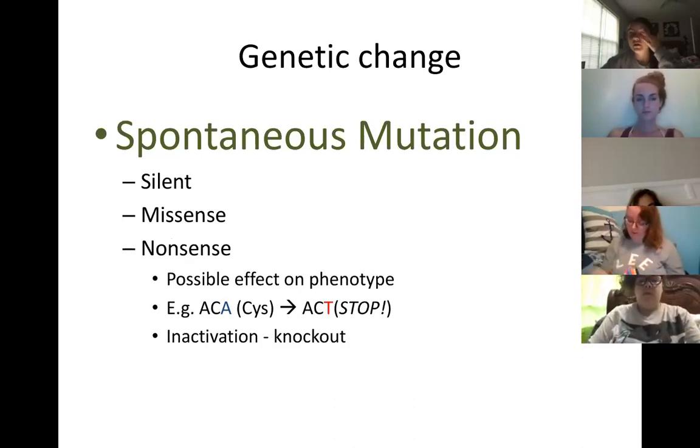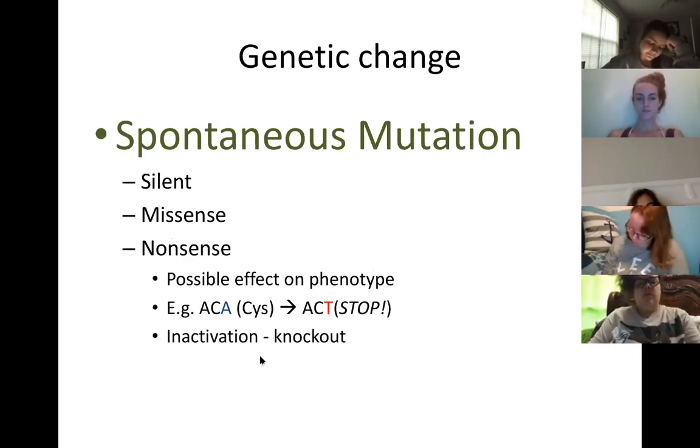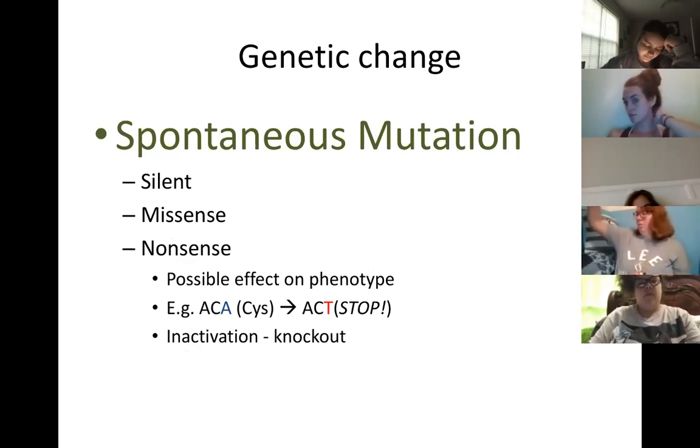And then last but not least, nonsense, right? And so this has a possible effect on a phenotype, all right? In this case, you change from an amino acid to a stop codon. So you stop production. So let's say you have a protein that is 320 amino acids long, and the mutation occurs in one of the last codons.